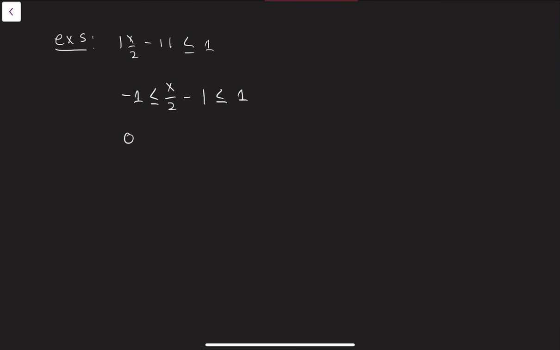Adding 1 to both sides, you get 0, x over 2, 2. Multiplying everything by 2, you'll get 0 and 4 as your bounds. So our solution in interval notation, 0 and 4. And that's including 0 and 4, the square brackets, because we have the equal to under the Boolean expression.